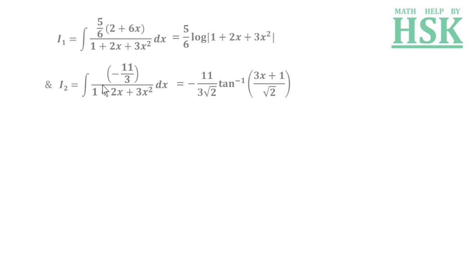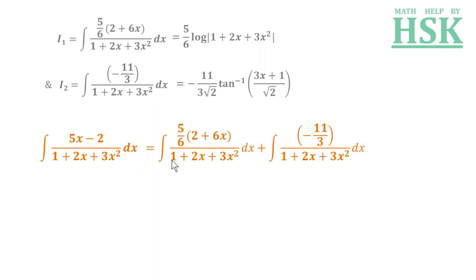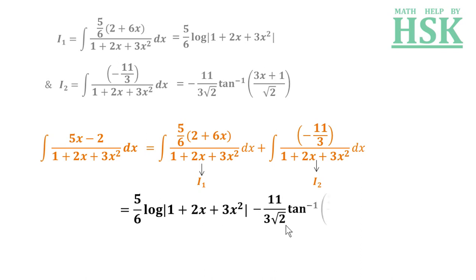So we have solved I1 and I2, and therefore the value of the given integral, which we have assumed as equal to I1 plus I2, is equal to 5 upon 6 times log of 1 plus 2x plus 3x square minus 11 upon 3 root 2 tan inverse of 3x plus 1 upon root 2 plus c. So this is my required answer.